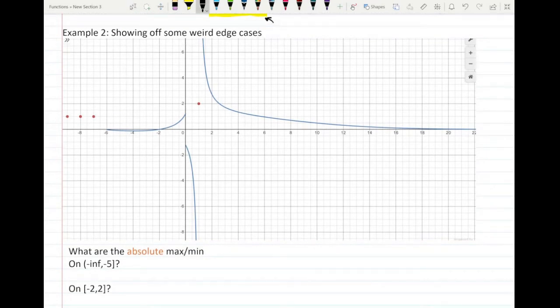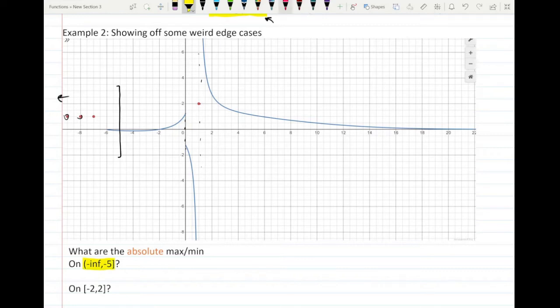With a function that definitely isn't unbroken and smooth. You know, it's got these weird isolated points. It's got a break here, and it's got a vertical asymptote here. But despite the fact that this function looks nothing like any mountain that I hope you've ever tried to hike, we can still ask about the local min and max on various intervals, starting with this one, from -infinity to -5.